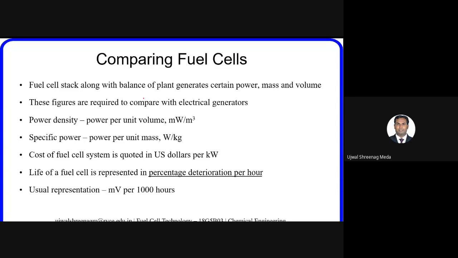Life cycle of a fuel cell is represented in percentage deterioration per hour. How much deterioration will take place per hour? Or another way is they just express how many hours a fuel cell can work. One usual representation is milliwatt per 1000 hours.